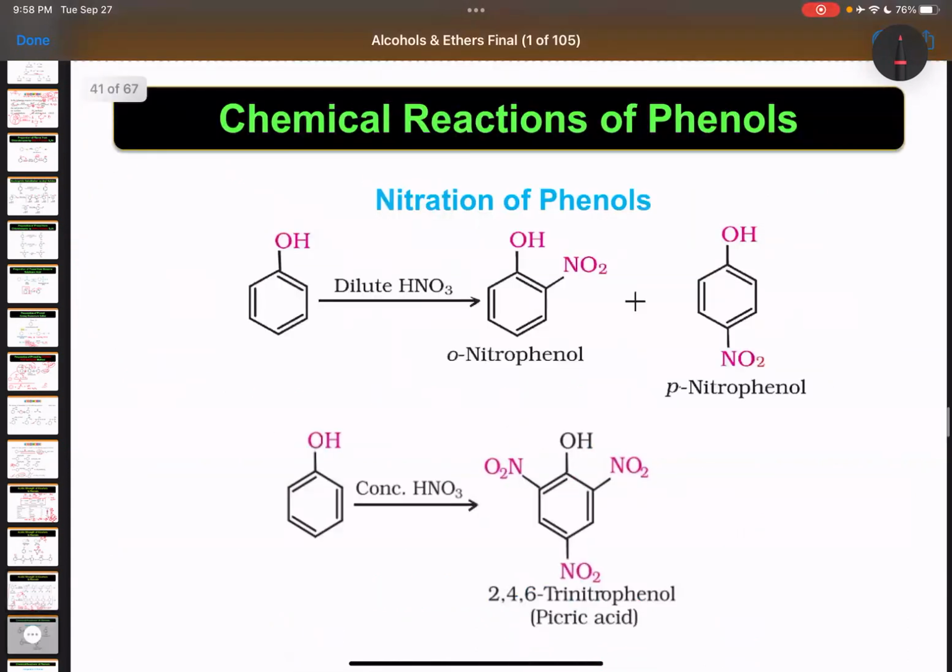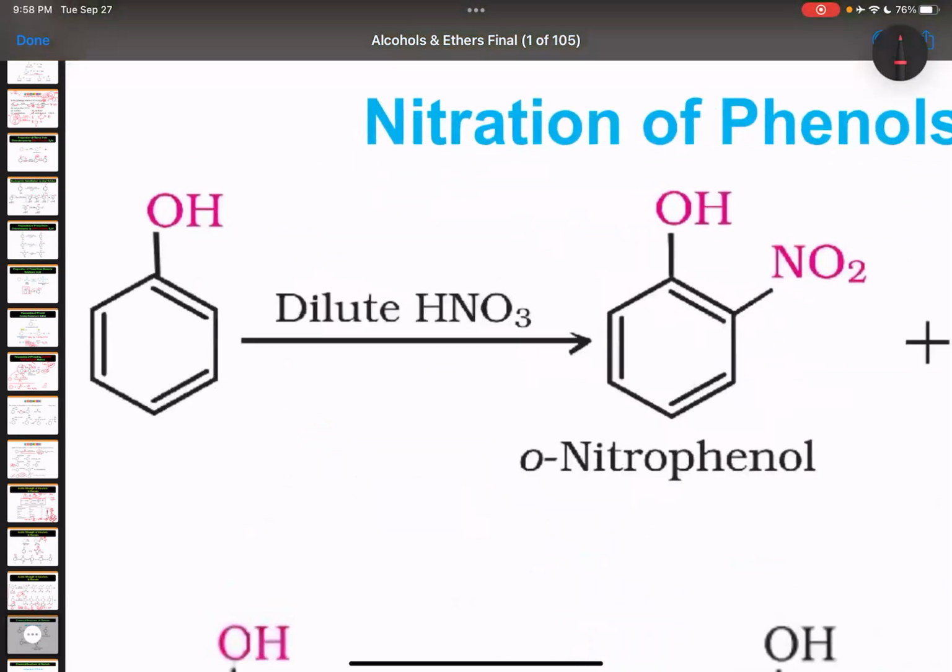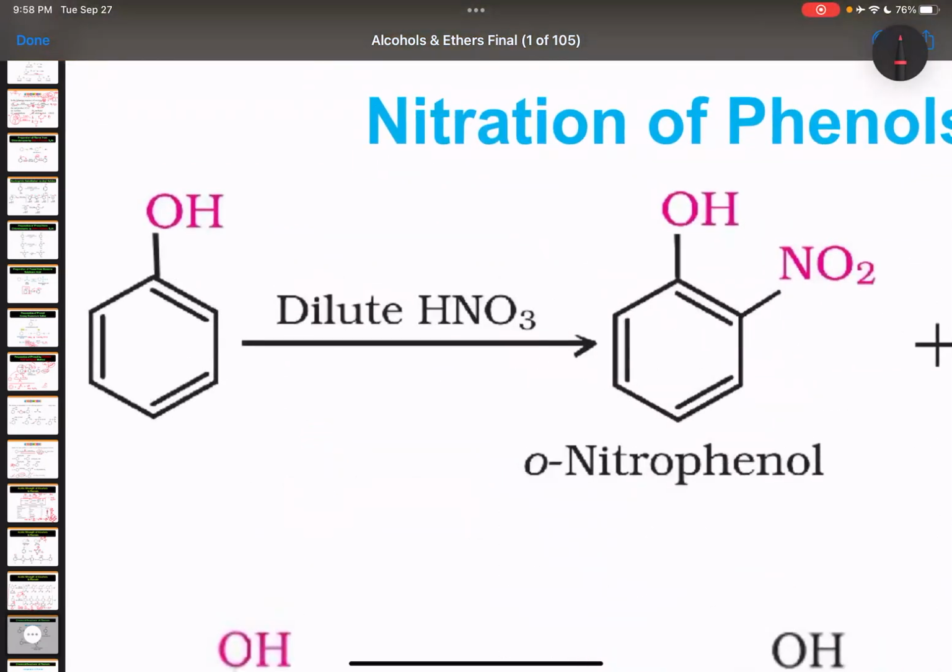Okay. So chemical reactions of phenol. One is nitration. So normally what is the nitrating agent? What do we use for nitration? Concentrated nitric acid and concentrated sulfuric acid. Yeah, exactly. But here you have taken only dilute HNO3. Why?